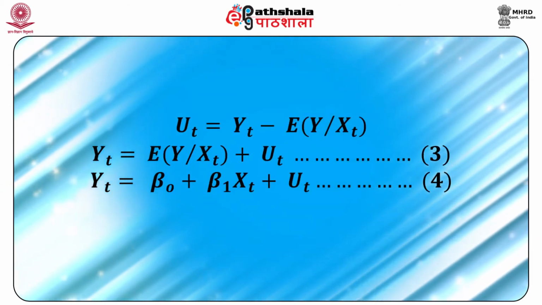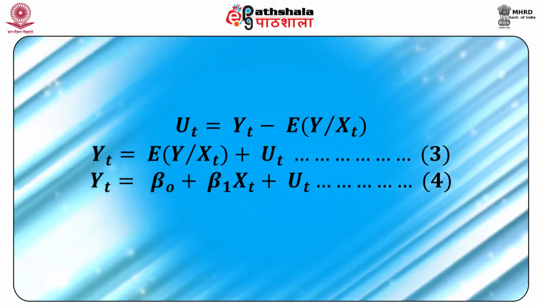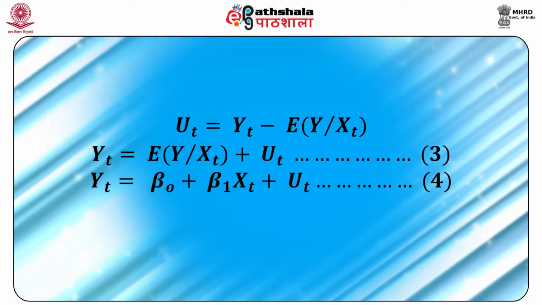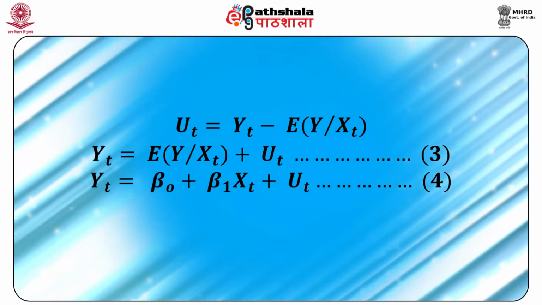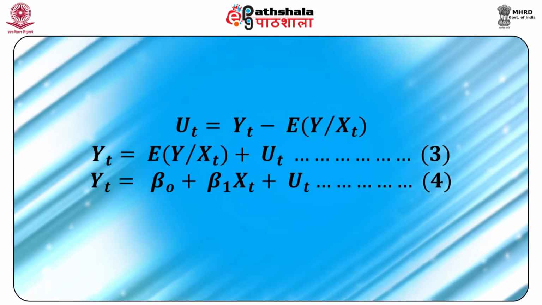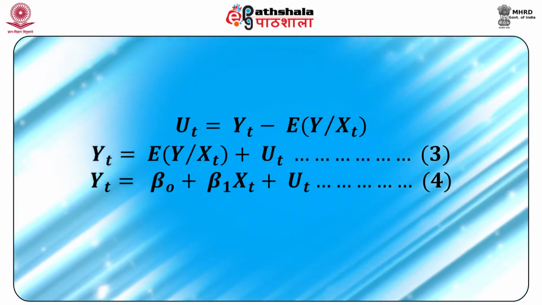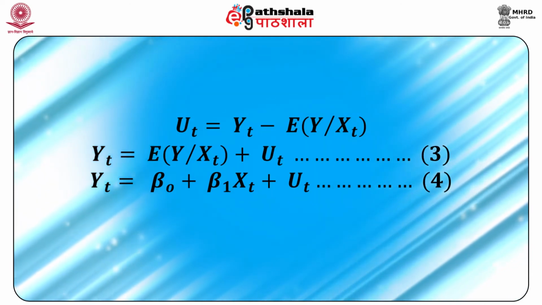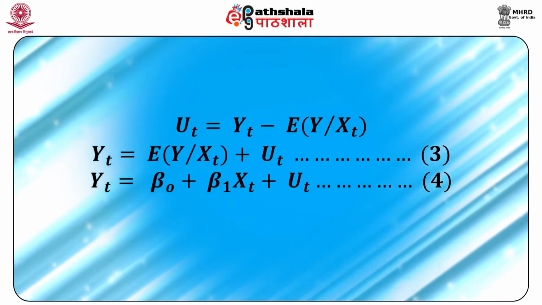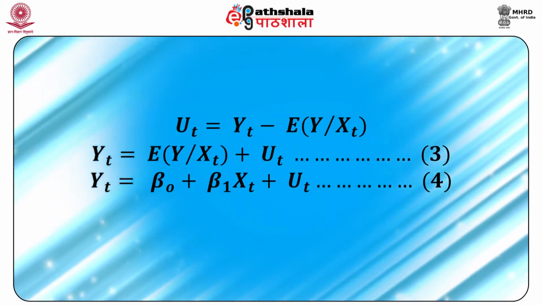and this deviation of individual yt from its expected or mean value can be expressed, and it can be seen that it could be both positive as well as negative. So we write this deviation as mu t, and it is equal to yt minus expected value of y given xt.